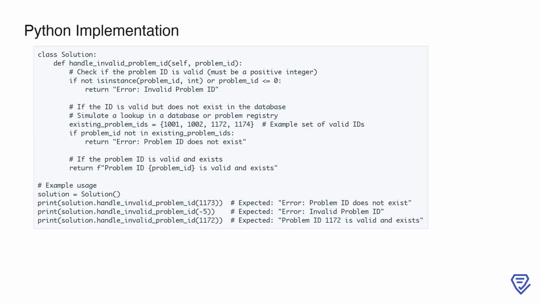Handle_invalid_problem_ID 1172 recognizes a valid and existing problem ID and returns problem ID 1172 is valid and exists. This solution is robust, concise, and handles edge cases like non-integer inputs and IDs outside the valid range. It demonstrates how to validate and process erroneous or incomplete data effectively in a system.